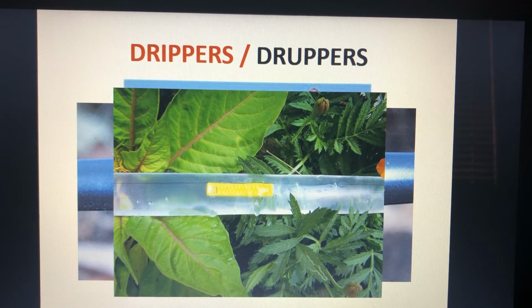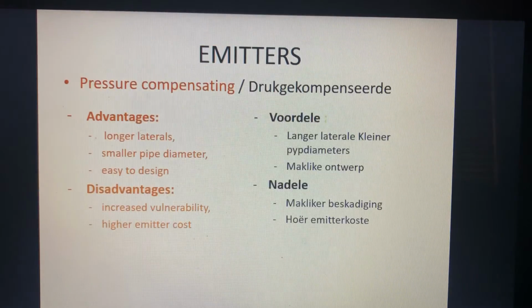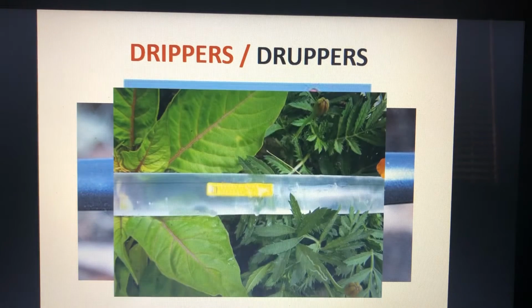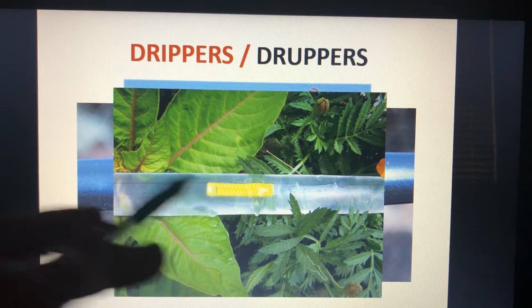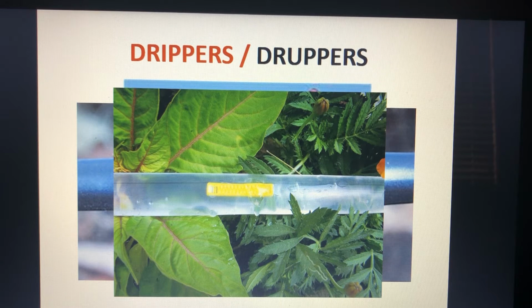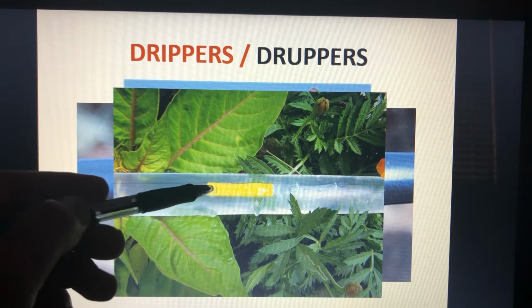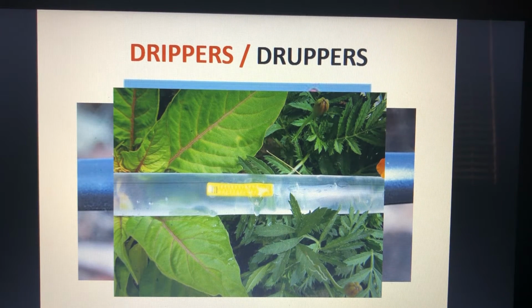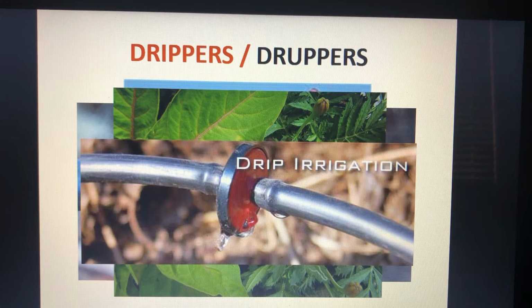Then this is integral to the wall, so that's that 4th one that we were looking at, integral with the pipe wall. That's how it looks. It's just this small little mechanism that sits on the wall of the lateral line, and it is the exact same as the previous one, where it allows the water to follow a specific path to increase the friction, which reduces the amount of pressure.